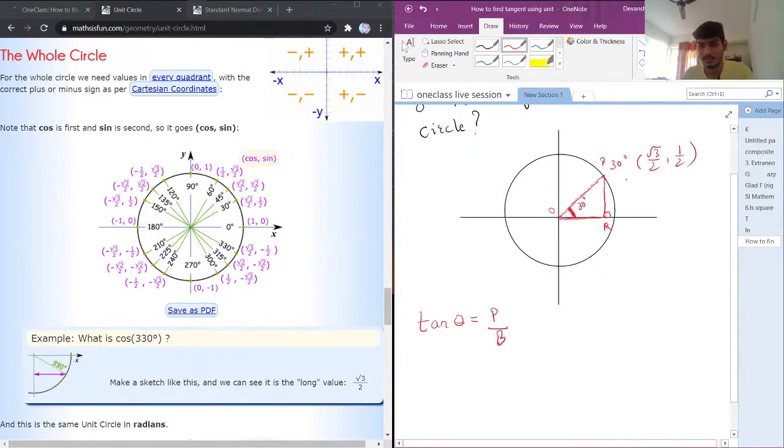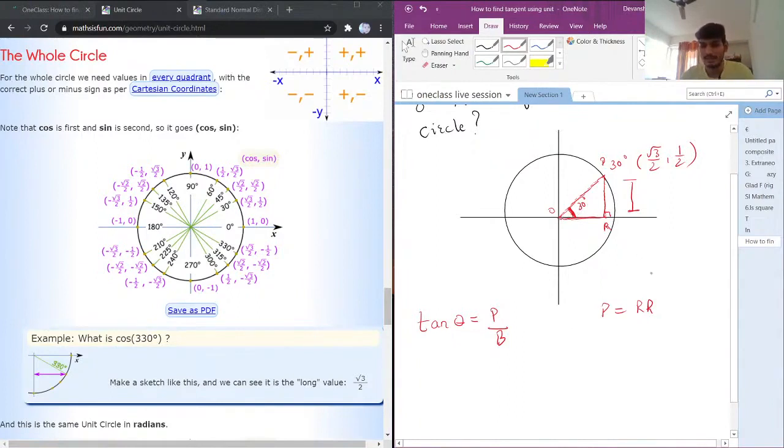So in this case, perpendicular is this distance, the length PR. So perpendicular is PR. Perpendicular is basically the line which is opposite to the angle.